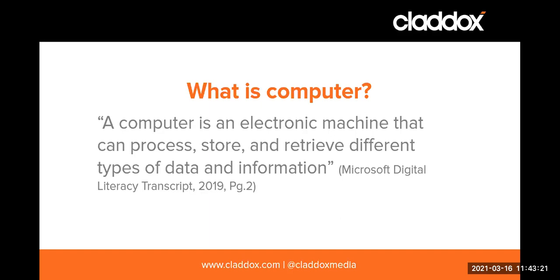Any computer that cannot carry out these four basic processes is not a computer. A computer must be able to process data, store the data, retrieve different types of data, then give out the information that is expected of it. Now, this definition was given to us by Microsoft.